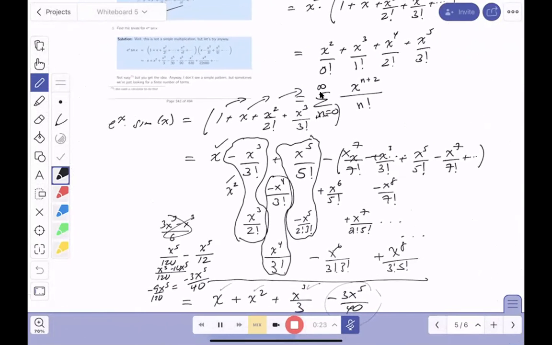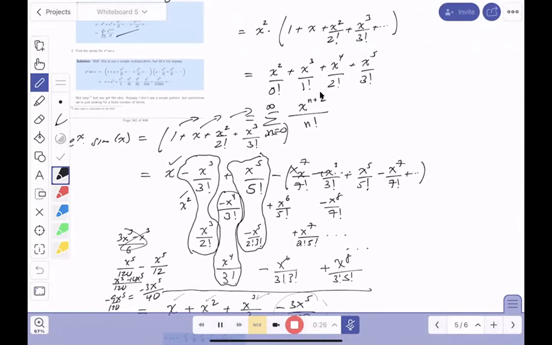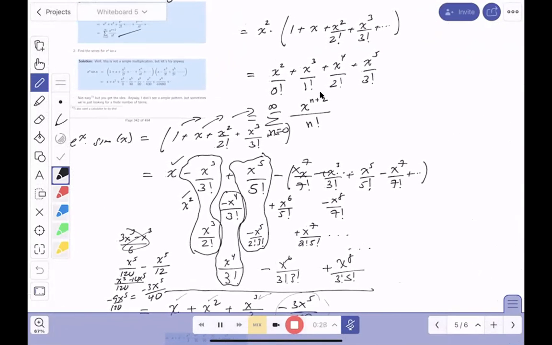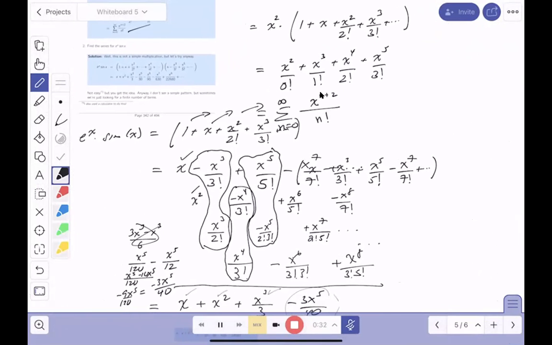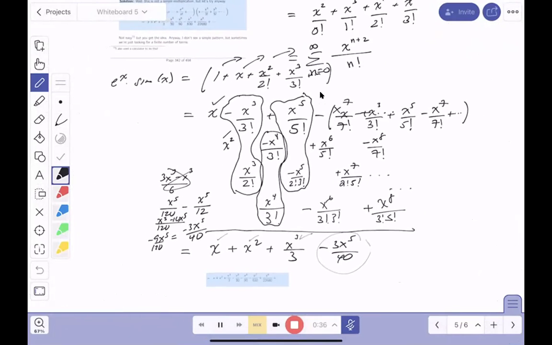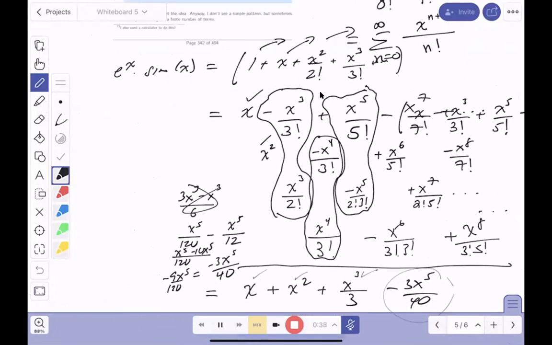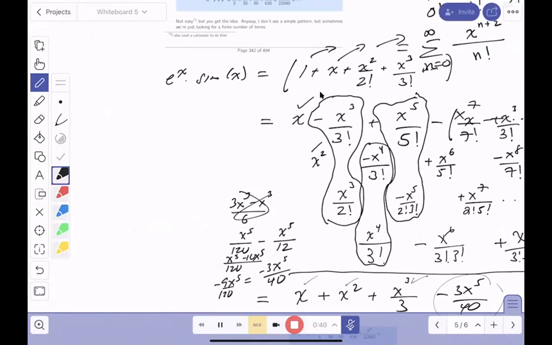You know what? I really screwed up my board here, didn't I? That's a problem with this whiteboard. When I move it around, sometimes things move with it. But 120.